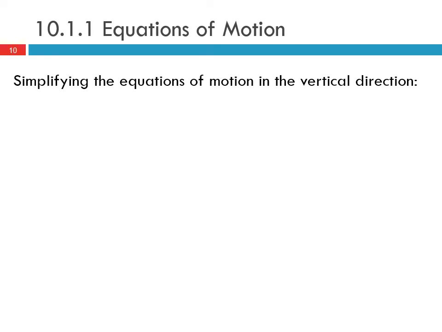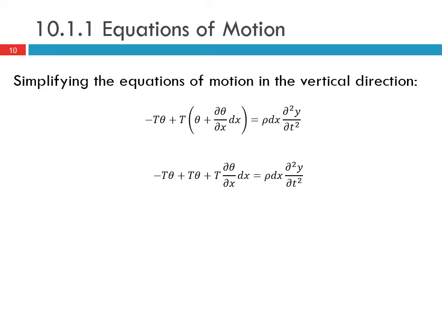So this allows us to simplify the equations of motion in the vertical direction. We can say that minus T theta plus T times theta plus partial theta by partial x dx is equal to rho dx times partial 2y by partial t squared. And we can multiply this T into this brackets here to get this expression.